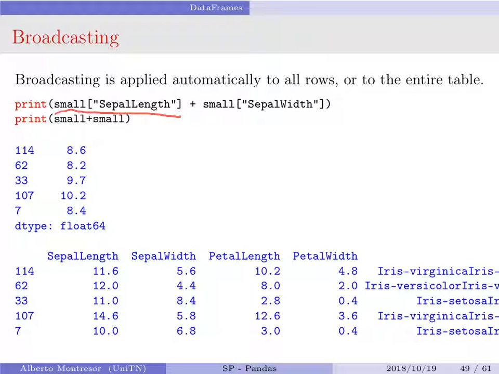Same here, small sepal width is the column containing all the values of the sepal width. By summing them together, I'm summing two series, and this is not an operation related to data frames, it's an operation related to series.